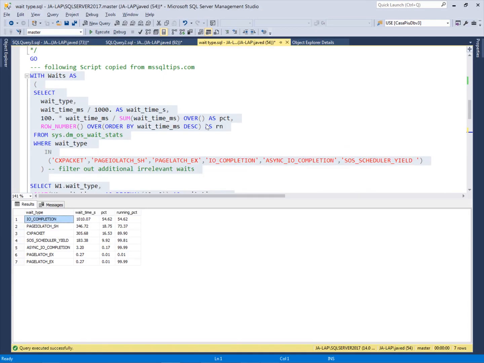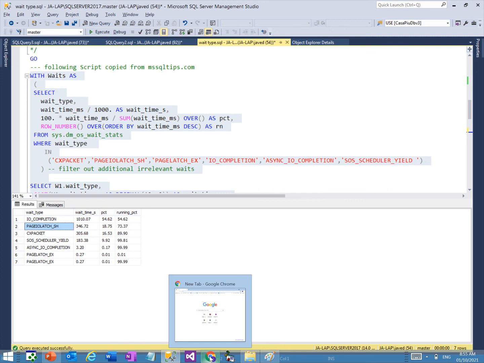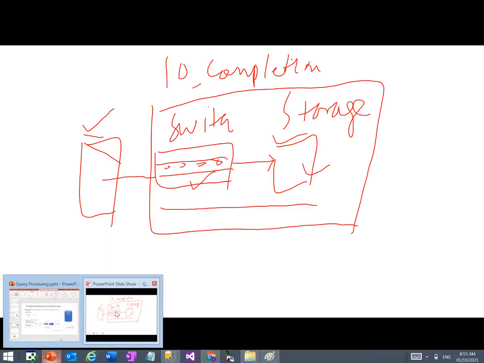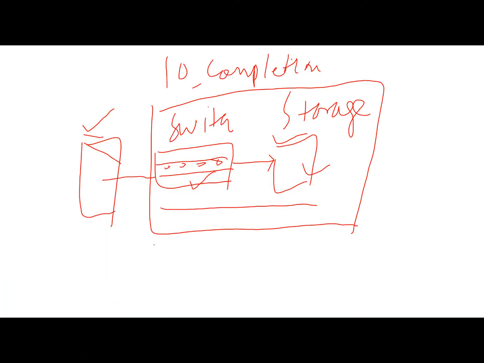Now there is another common wait type, page latch. This wait type occurs when one task or thread is executing and is waiting for one page. The page needs to be read into memory, but the memory is not enough.